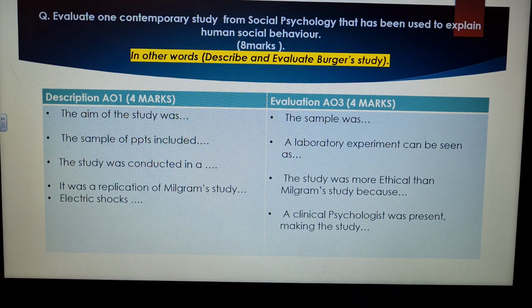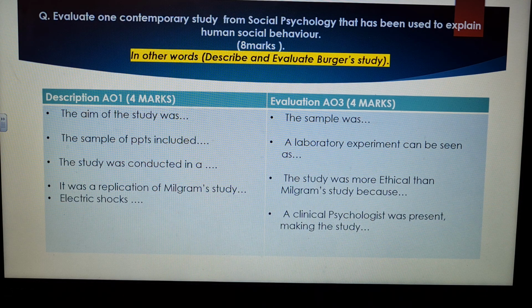So starting off, I've given you again some starting sentences. So the sample was generalizable because it contained 70 adults from a range of backgrounds and different age groups as well.